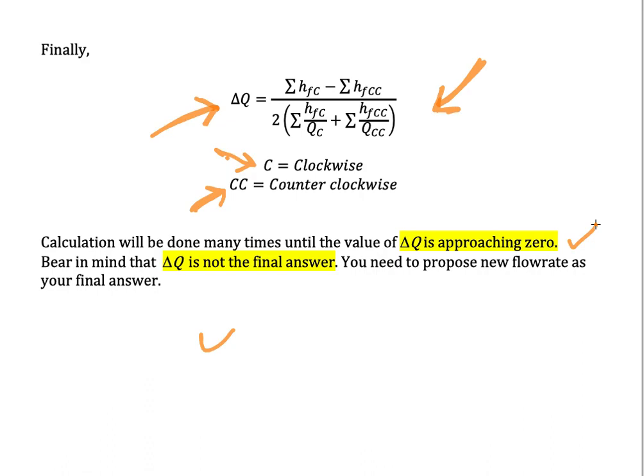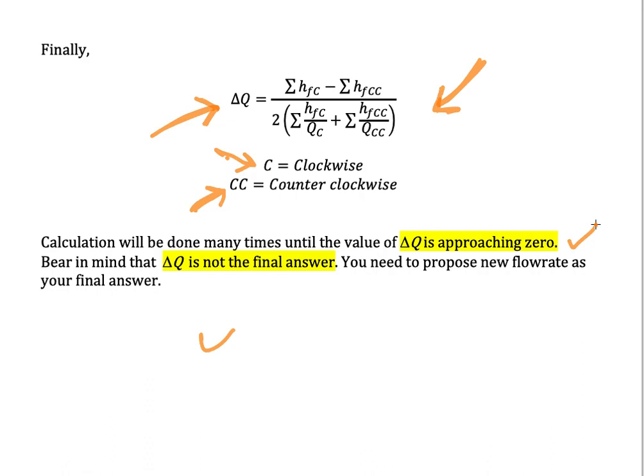If you get delta Q equal to 0, your answer is 100% correct. But if you cannot get delta Q equal to 0, you need to do many iterations: the first trial, second trial, third trial, until delta Q becomes smaller and smaller.